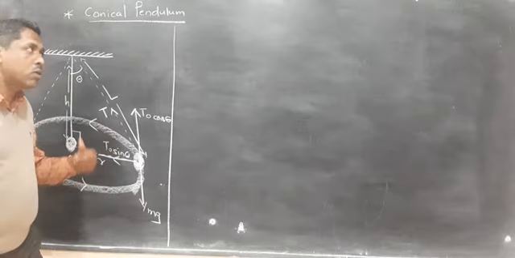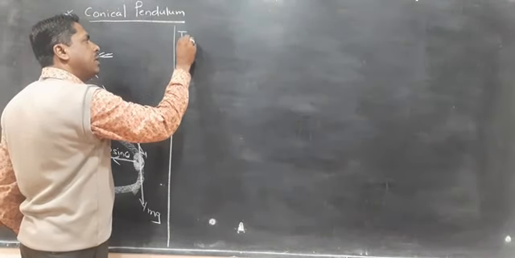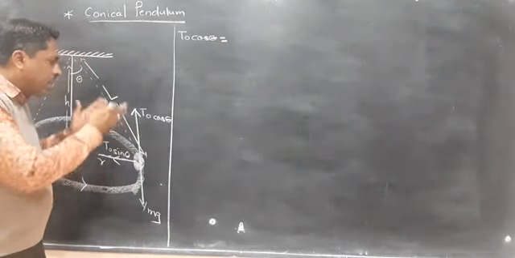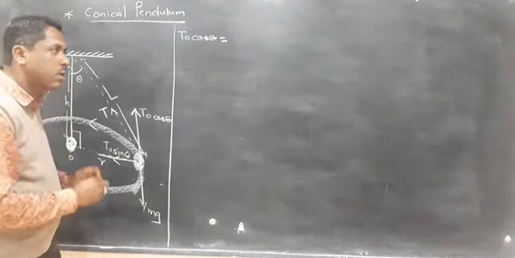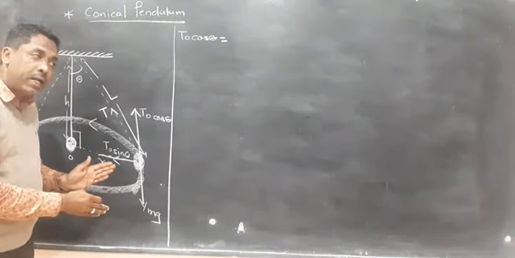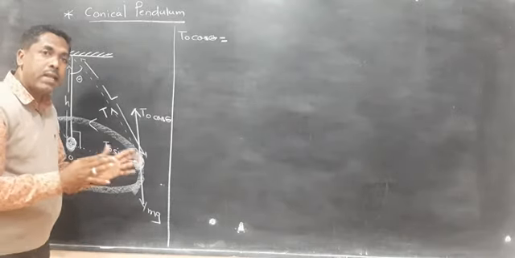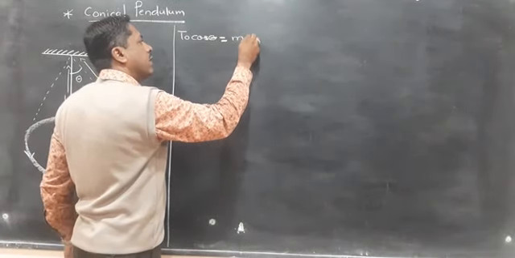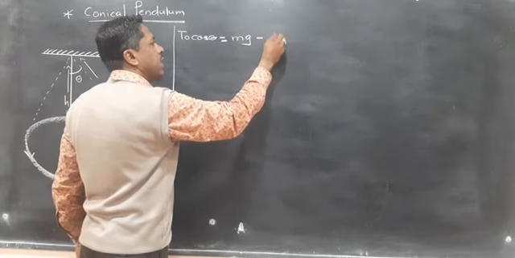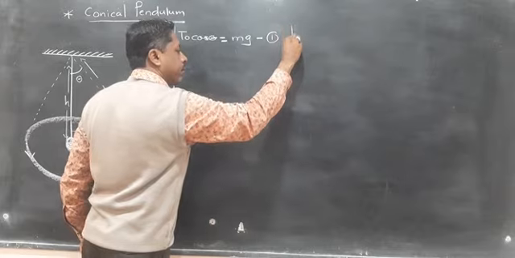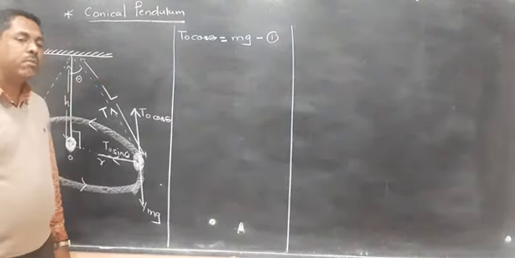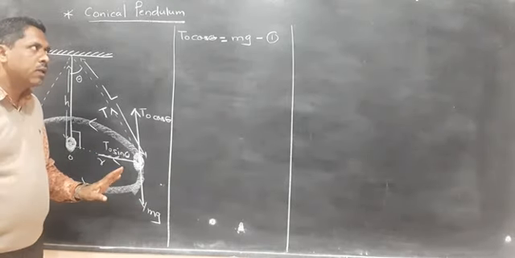The component T0 cos theta acts like a vertical component and it is useful to balance the weight. That's why we can write it as T0 cos theta equals mg, equation number 1. Why mg? Because it is balancing the weight.